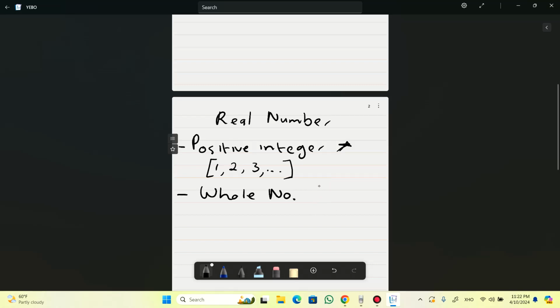Which is denoted as N0 there, right? This thing here represents the whole numbers. So whole numbers start from 0, 1, 2, 3, and so forth.